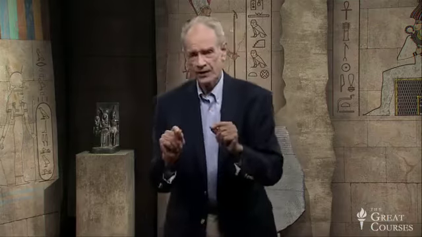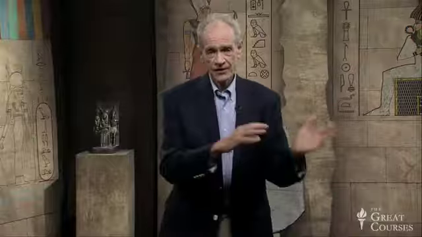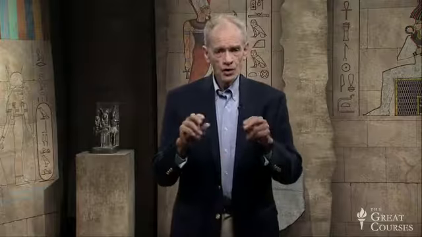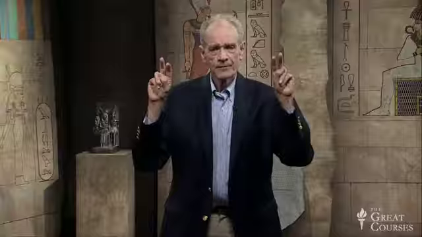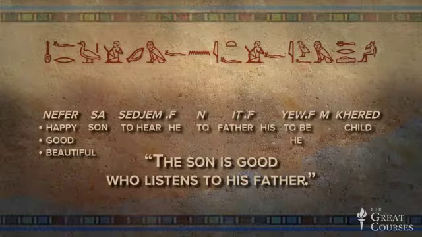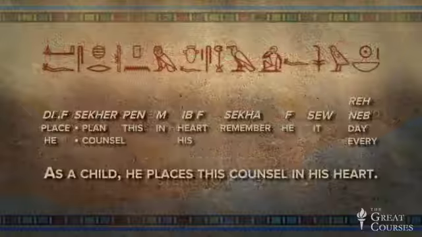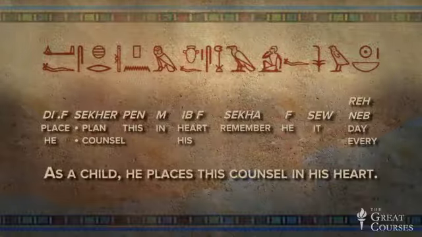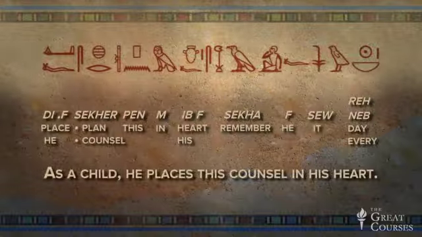The advice or counsel must be at the beginning of the sentence. Put it in quotations like a maxim, and it'll make sense. The son is good who listens to his father, in quotes. That's the counsel or advice. Next, we're told, as a child, he places this counsel in his heart.